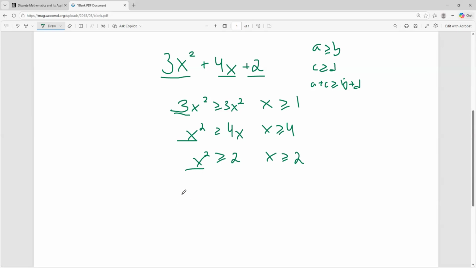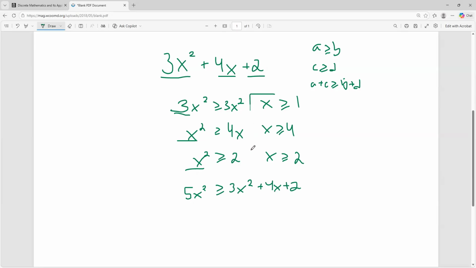So I want to check quick. What am I going to get? 5x squared. Bingo. So 5x squared is greater than or equal to, if I add the right side, 3x squared plus 4x plus 2.